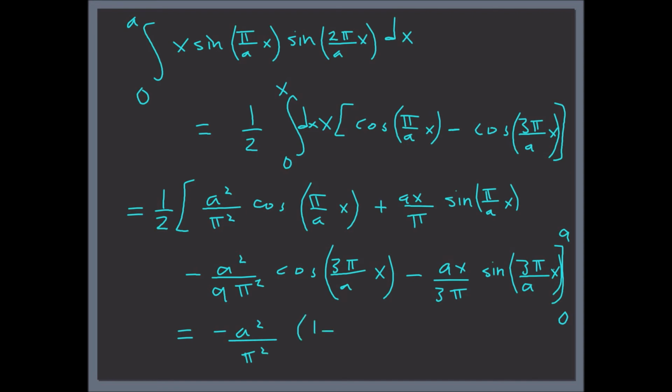1 minus 1 over 9. We'll simplify even further to minus 8 a squared divided by 9 pi square. So finally now we're gonna put all these three integrals together.